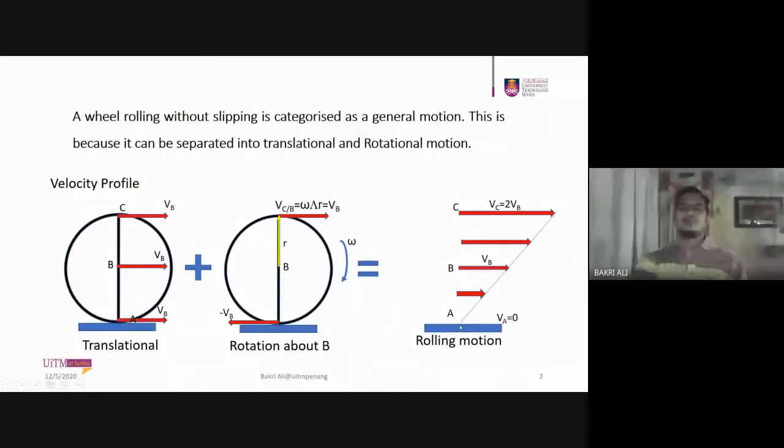We call this the instantaneous point of zero velocity or instantaneous point of rotation, IPR. Every time the wheel rolls, the point touching the ground is always changing, but the velocity will always be zero. That's why we call this point the instantaneous point of rotation or instantaneous point of zero velocity.